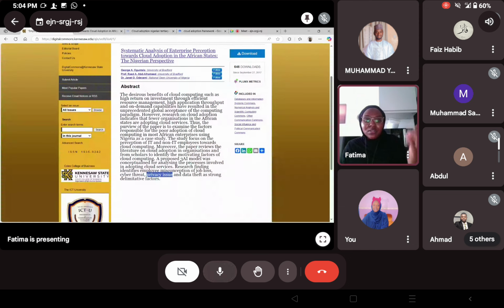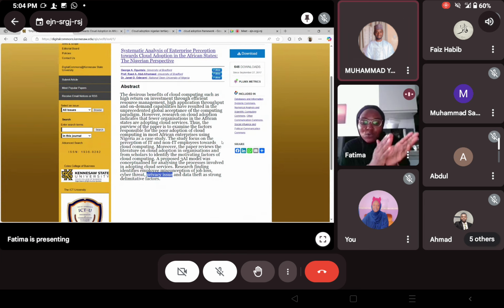This one is on enterprise, not particularly a tertiary institution. But you could look at whether there's any systematic review that talks about the adoption of cloud computing in tertiary education, to identify what the problems are. And then you take one problem and focus your research on it. Okay, inshallah. I don't know, Mala Ahmad, is that enough explanation?